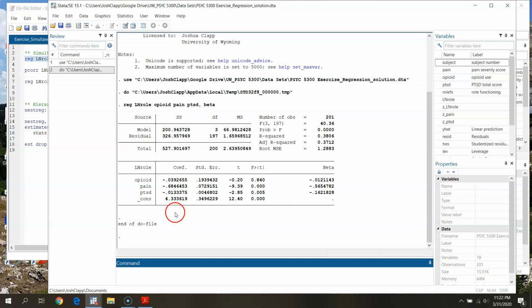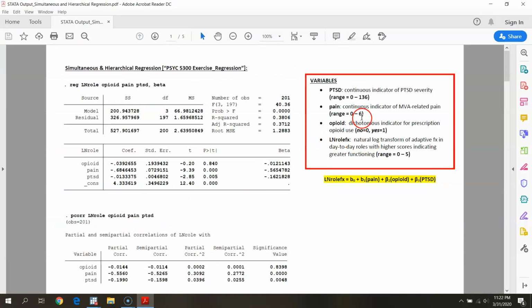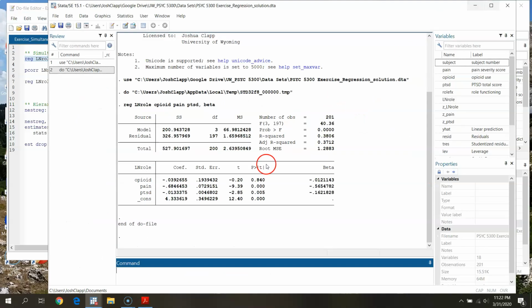Now that might not seem like a whole lot, but if we look at the range of our pain variable relative to our PTSD variable, a 1 unit change in pain is much more than a 1 unit change in PTSD, and so that's why we're seeing very, very different magnitudes of coefficients here.